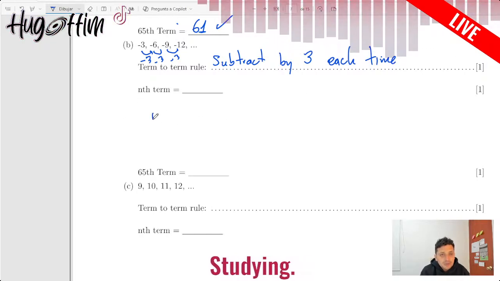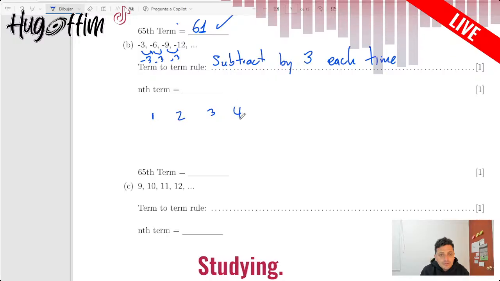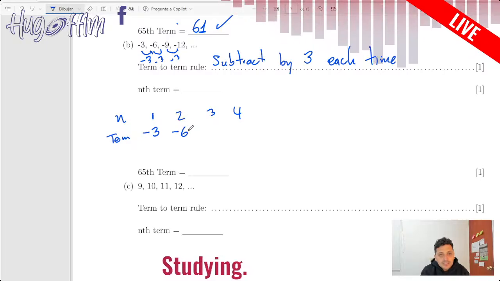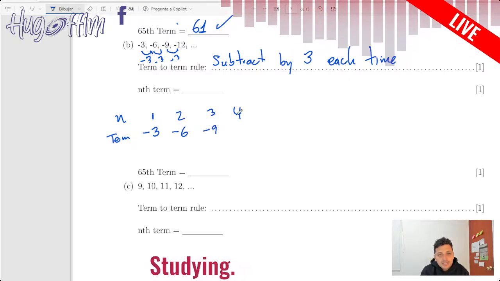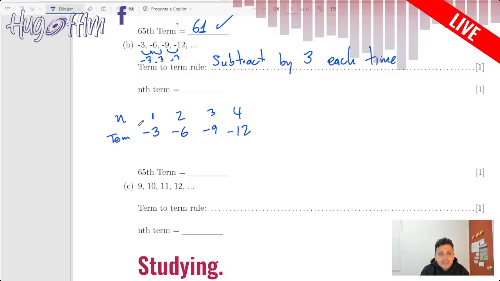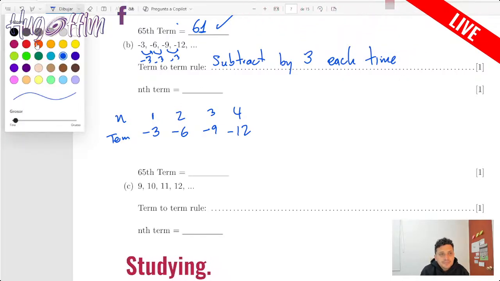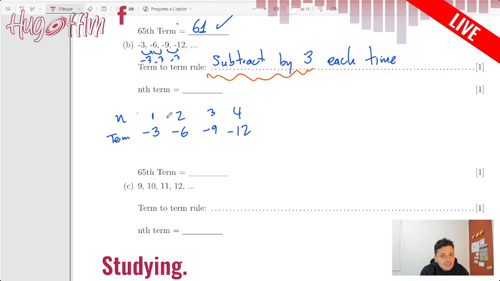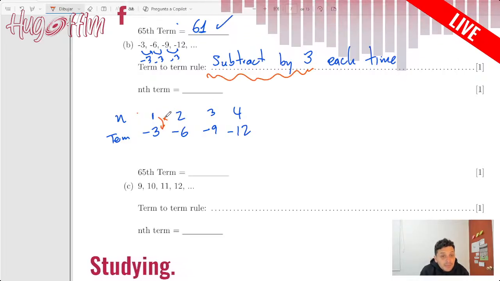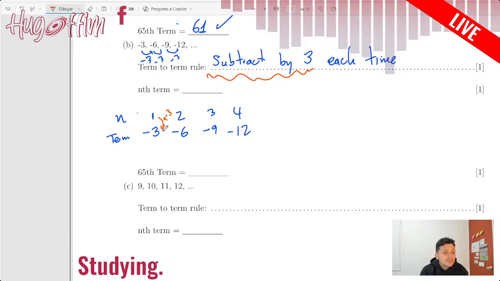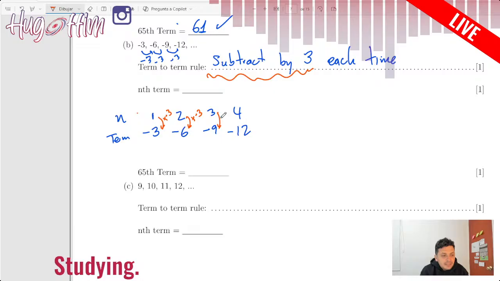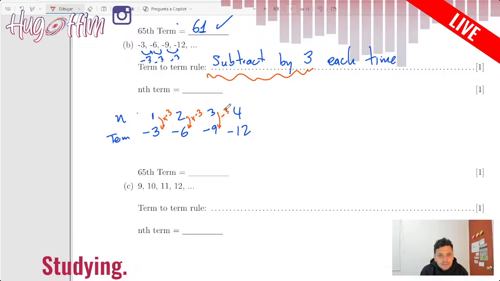For the n term, I'm going to put 1, 2, 3, 4. In 1, I got -3. This is n. This is the term. In 2, I got -6. In 3, I got -9. In 4, I got -12. Look at what I'm doing here. It's funny that here I subtract by 3, and look at what I'm doing: I'm multiplying by -3. 1 times -3, -3. 2 times -3, -6. 3 times -3, -9.